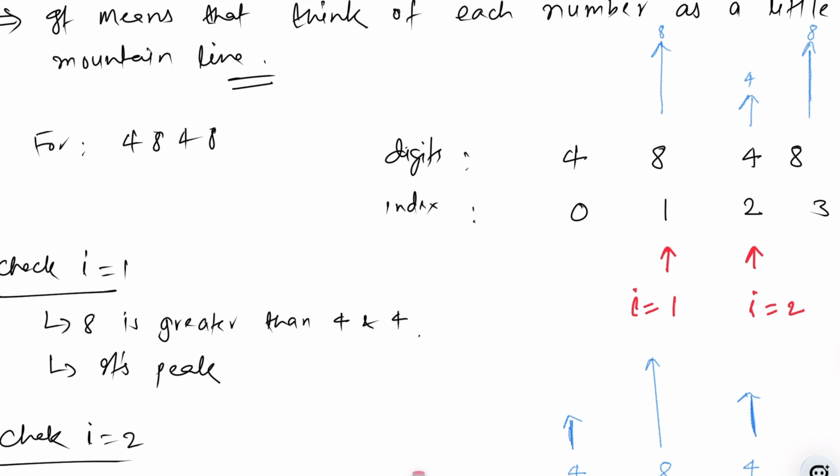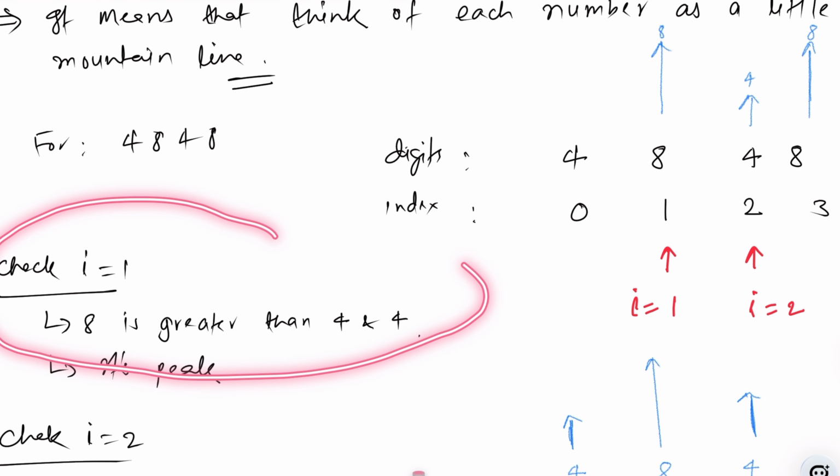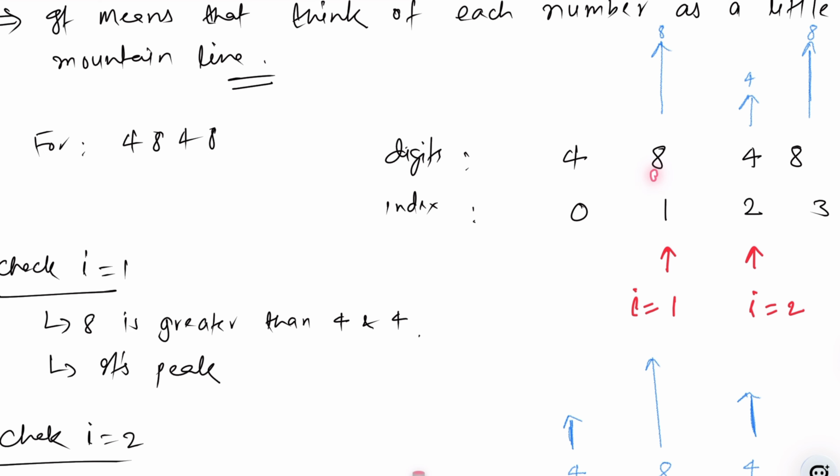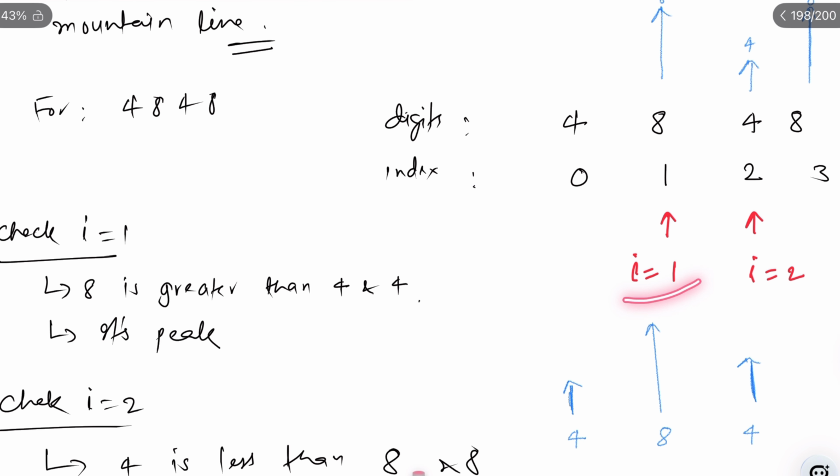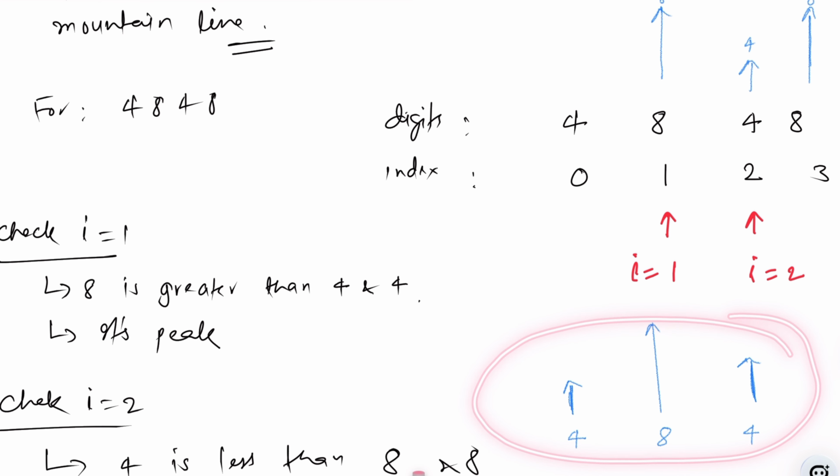So when we are checking i equal to 1, the digit 8 is greater than both of its neighbors, 4 and 4. Sorry, guys, we are checking this one, so we have a mountain that starts like this and goes like this.